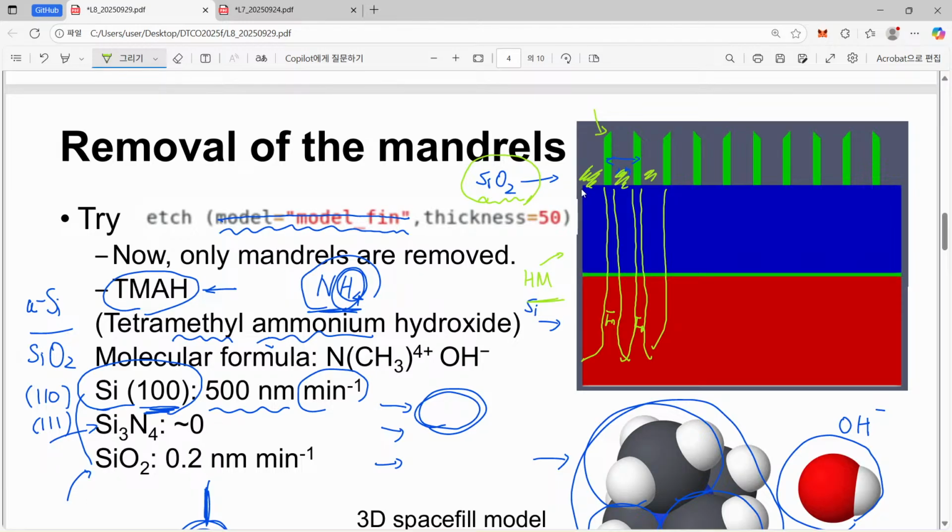So what we do is first transfer our pattern into the hard mask, and as the name says, hard mask is one of the strongest, resisting most etchants. That's the way we do fin patterning.